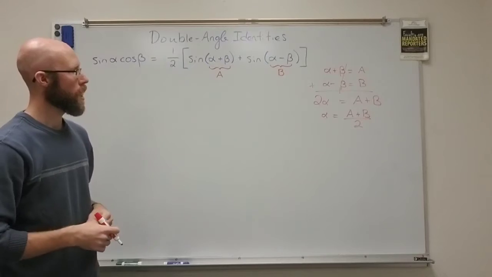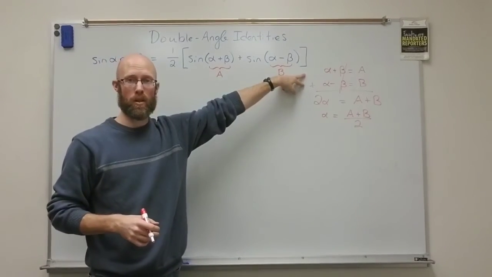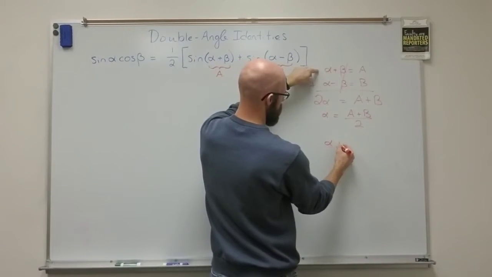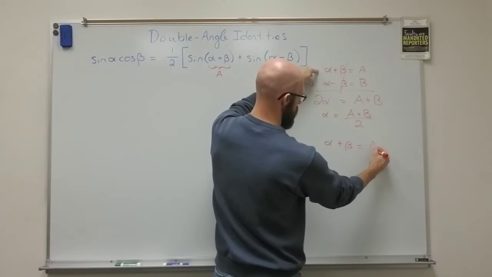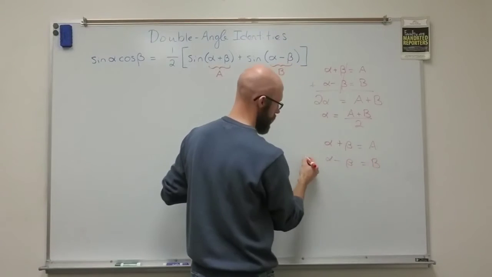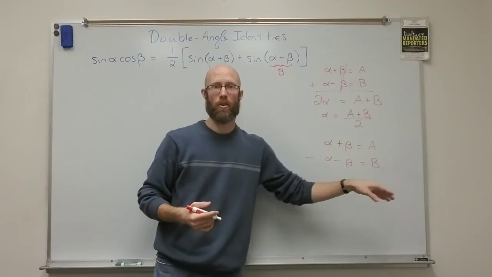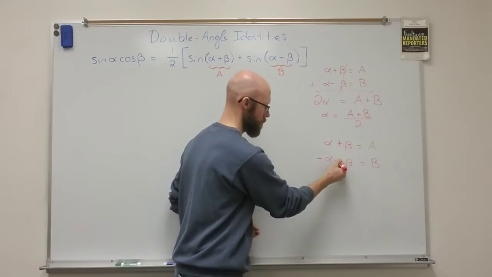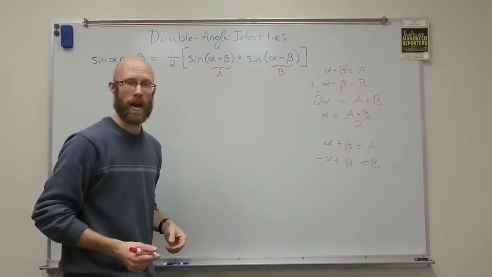I can establish another equation by looking at the difference between the 2 equations. So if alpha plus beta equals A, and alpha minus beta equals B, and I subtract them, that subtraction distributes to every term. I'm subtracting every term, so that's like doing A minus B and alpha plus beta minus the quantity alpha minus beta.